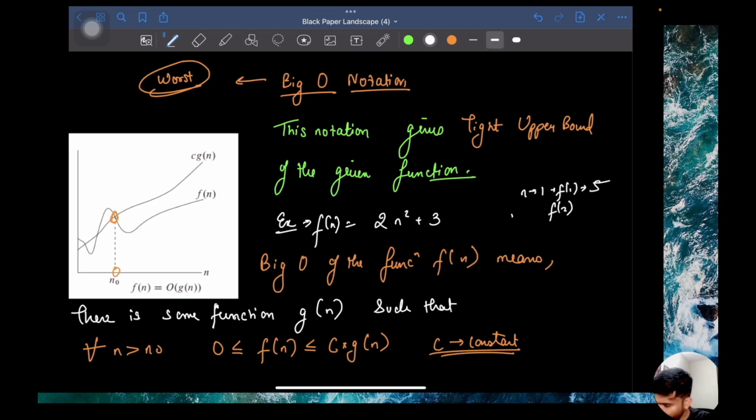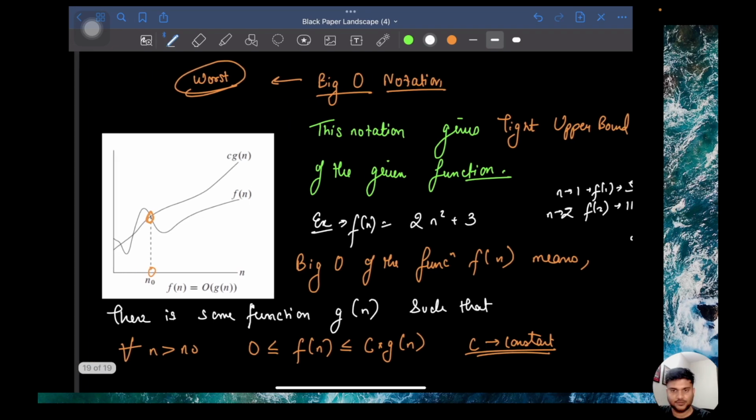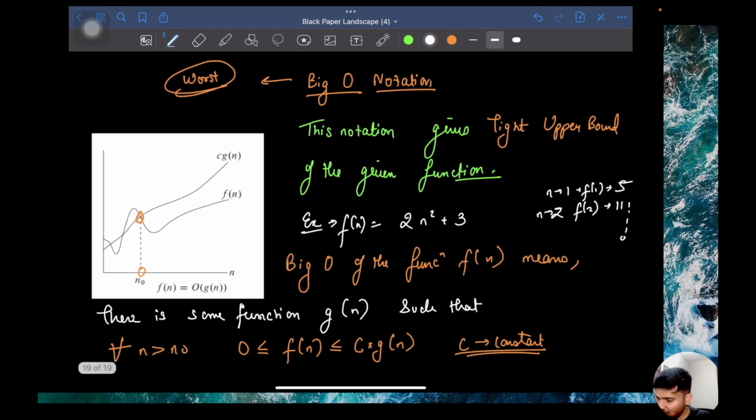When n is 2, f of 2 is 2 into 2, 4, 4 into 2, 8, 8 plus 3, 11, and so on, right? So can I find an equation such that for a particular value n naught, if I see everything greater than n naught, then that curve is always bigger than f of n?